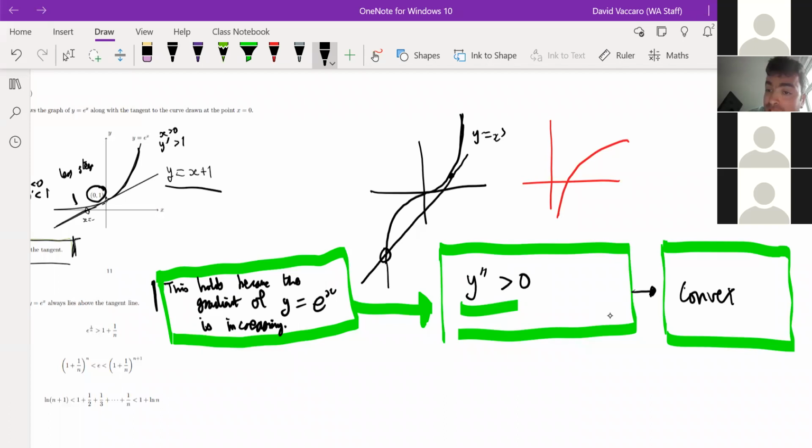Now, this red function that I've drawn here is y equals ln x. What can you tell me about ln x related to its tangent? So if I draw a tangent to y equals ln x, where will that tangent be?